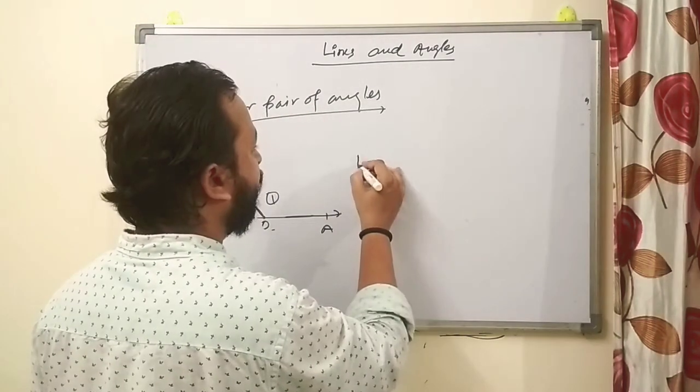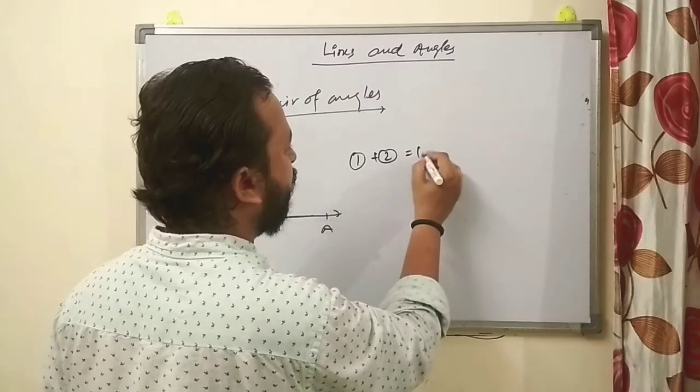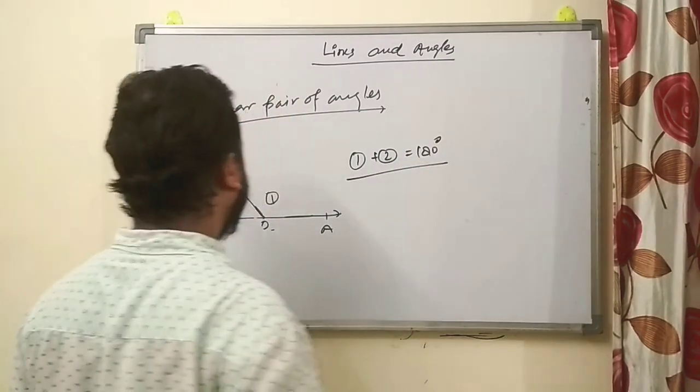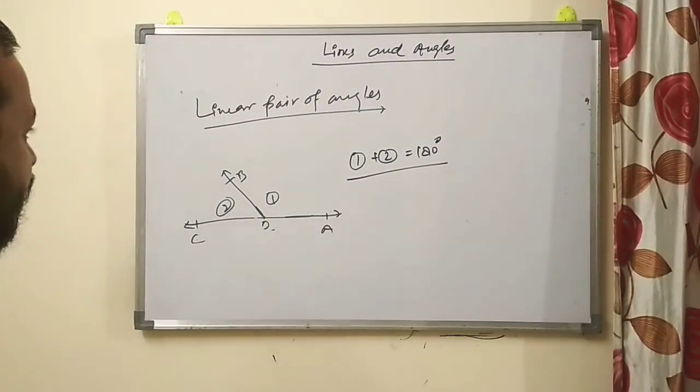So here angle 1 plus angle 2 is equal to 180 degrees, so it is known as a linear pair of angles, right?